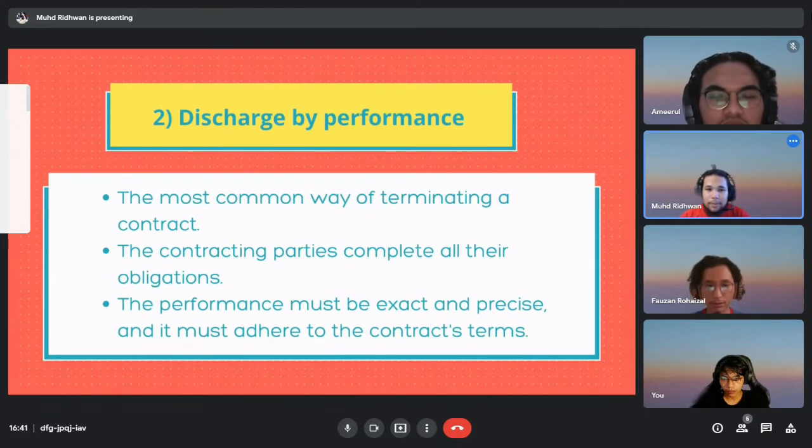Moving on to discharge by performance. The most common way of terminating a contract is when the contract parties complete all their obligations. The performance must be exact and precise. It must adhere to the contract's terms.